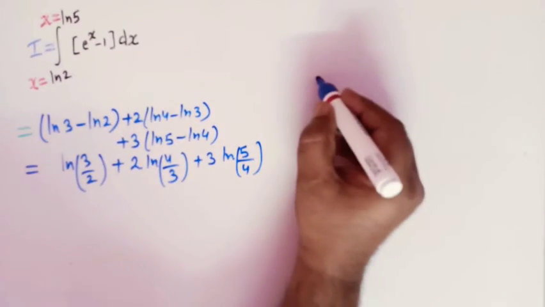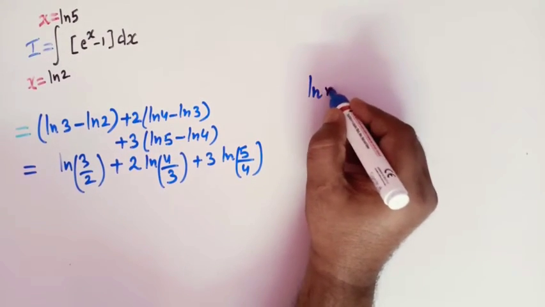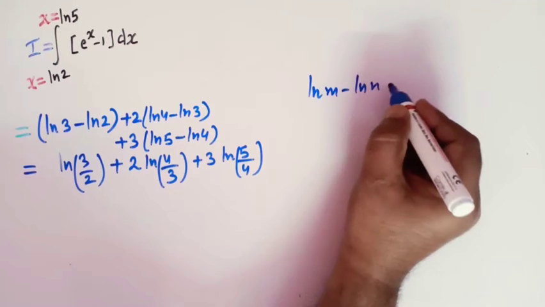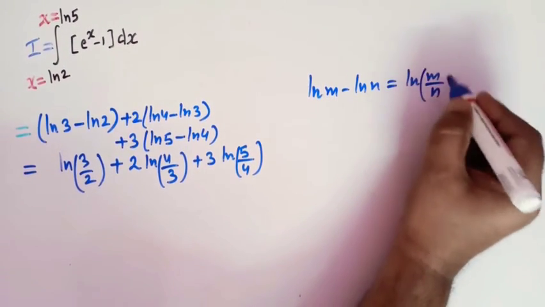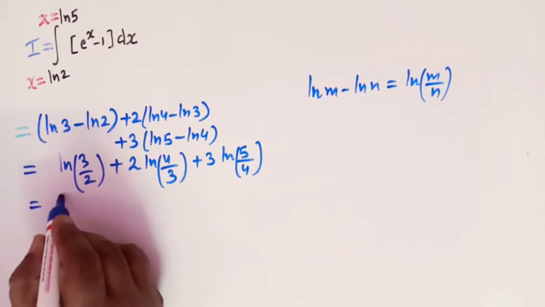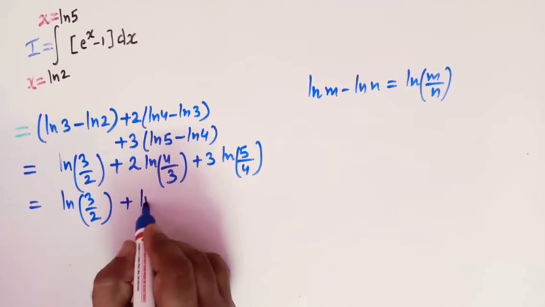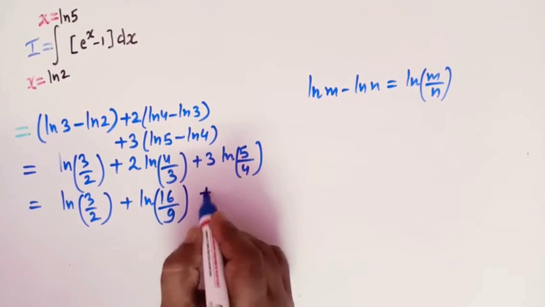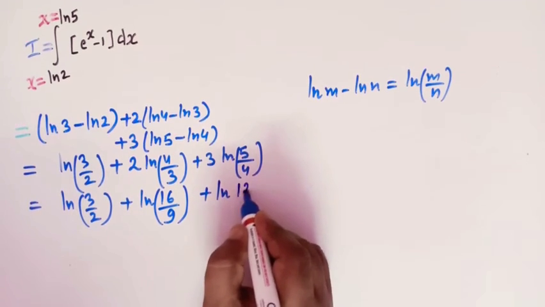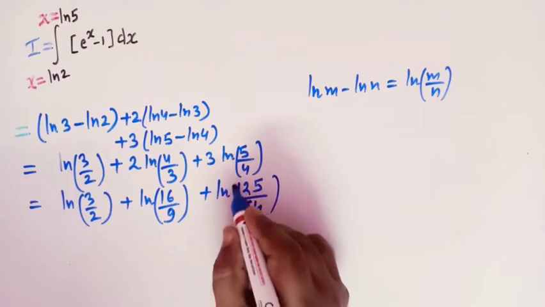So here we have made use of the property that log of m minus log of n is equal to log of m over n, right? So now this is log of 3 over 2, and here we have log of 16 over 9, and here we have log of 125 over 64, right?